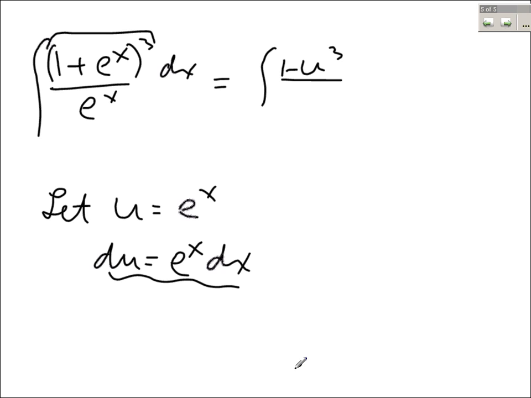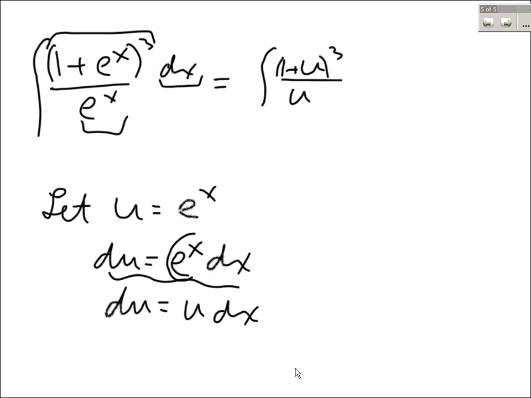So it's 1 plus u all cubed, and the bottom is just u. But now we just have dx. Now keep in mind that in our case, du happens to be u times dx, because that's u. Well, I can put a u in the top, so long as I put a u in the bottom.